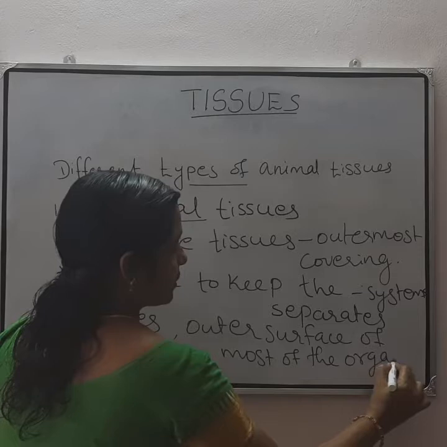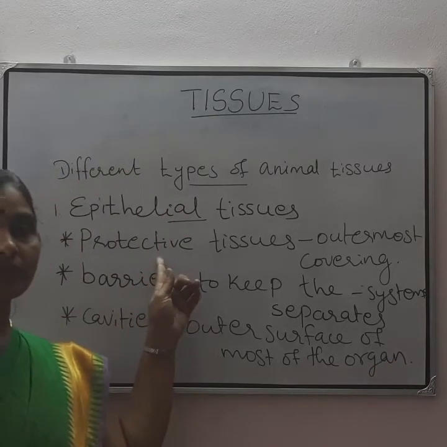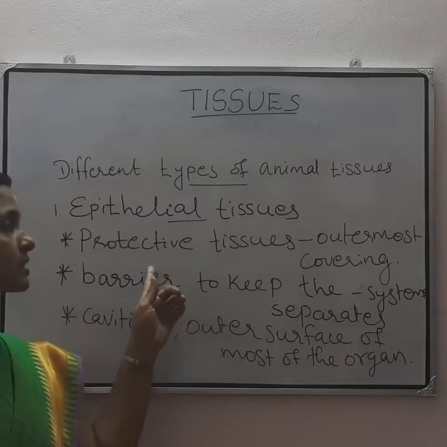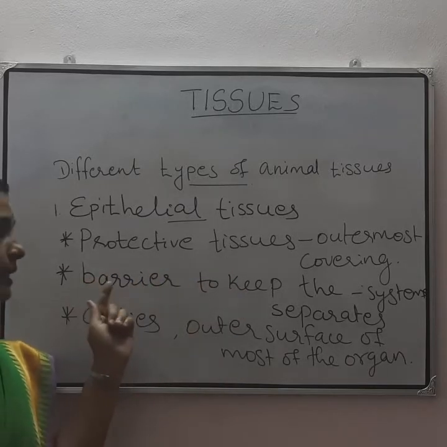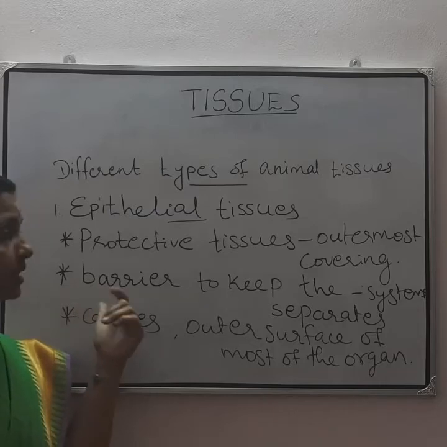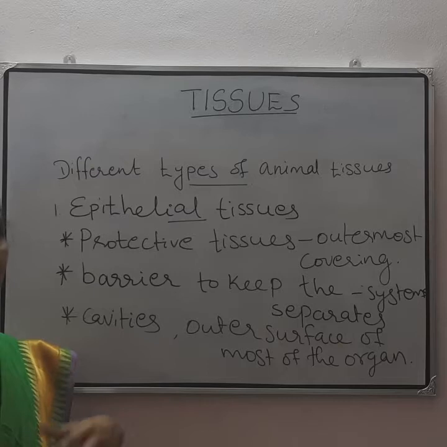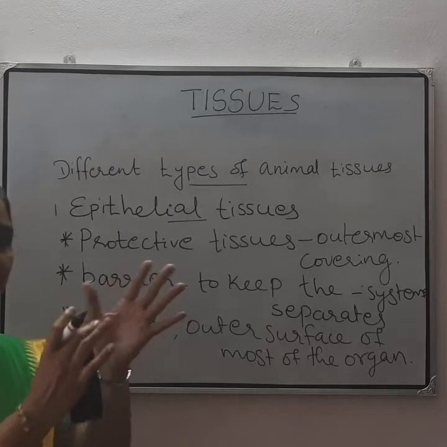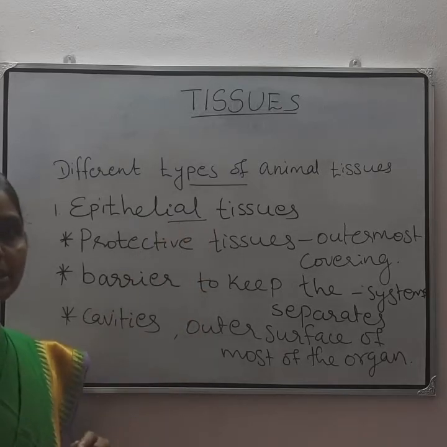So once again, this is the outermost covering of the animal body and it is the protective tissue in the animal body, and they form a barrier to keep the systems separated. Which are the systems? Like the respiratory system, digestive system, excretory system. In between these systems we can see this epithelial tissue.